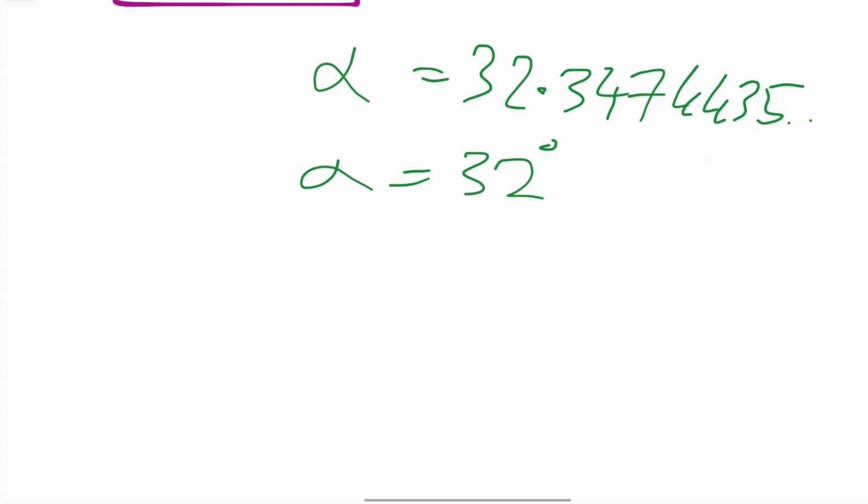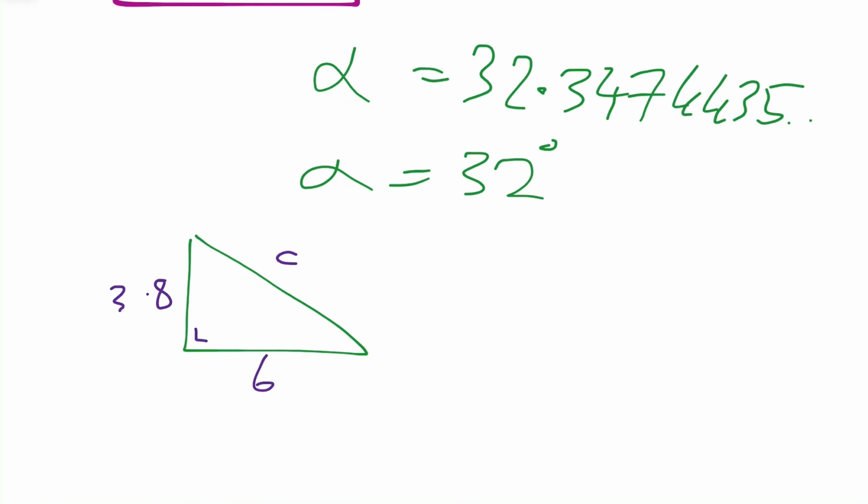My hypotenuse I'm going to label c. I know that's 3.8, that's 6. According to Pythagoras' theorem, the long side squared is equal to the two short sides squared.